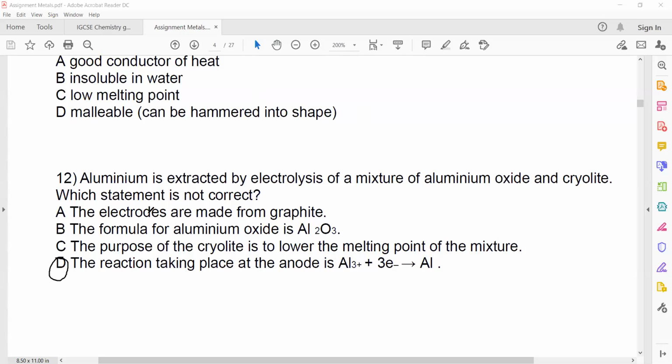Why the others are not correct: aluminium is a positive ion, so it does not move towards the anode, it is attracted towards the cathode. So this is true. The formula of aluminium oxide is also correct. The purpose of the cryolite is to lower the melting point. So D is not a correct answer.